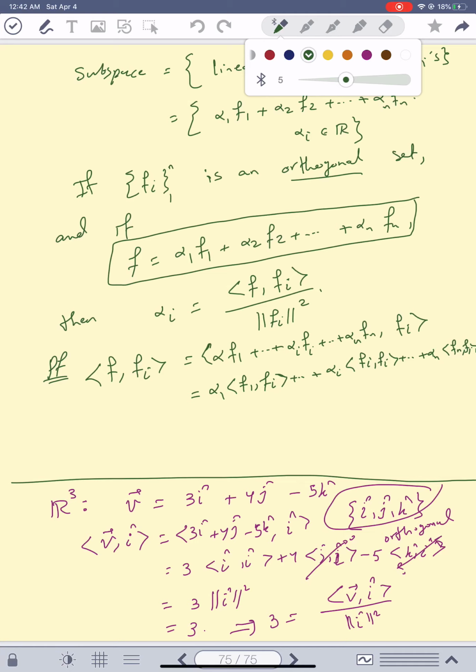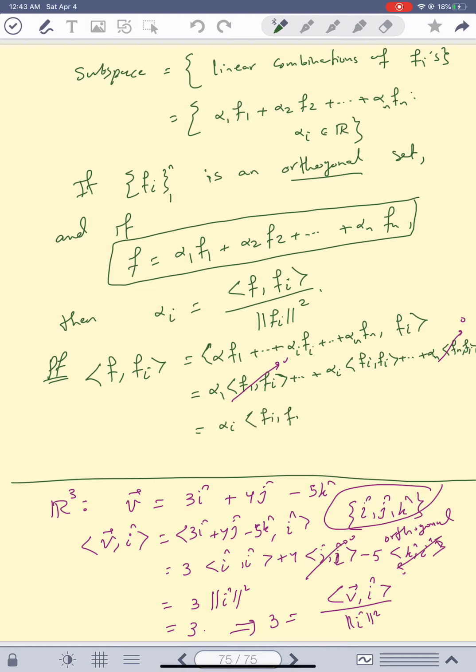But because those functions are orthogonal, the f1 with fi is 0, the fn with fi is 0, so the only non-zero term is when you have i with i. So this is alpha i fi fi, because the function is not orthogonal to itself. This is exactly alpha i times the norm of fi squared.